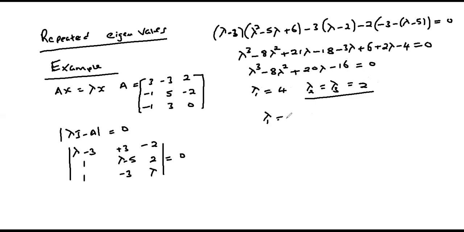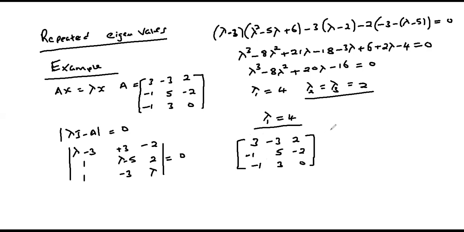For lambda 1 equals 4, we can obtain our matrix equation as 3, -3, 2, -1, 5, -2, -1, 3, 0.